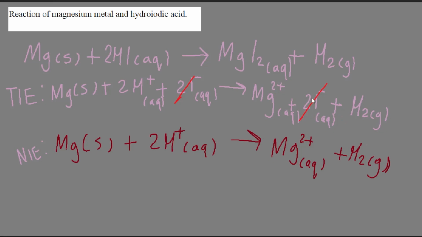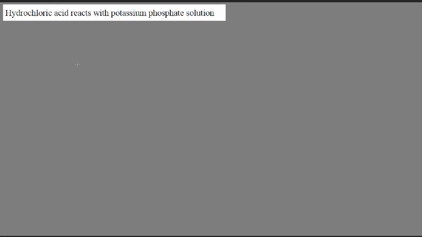So, we'll do one more question before moving on. Okay. So, hydrochloric acid, aka HCl, aqueous, plus potassium phosphate, K3PO4, once again aqueous, arrow sign.